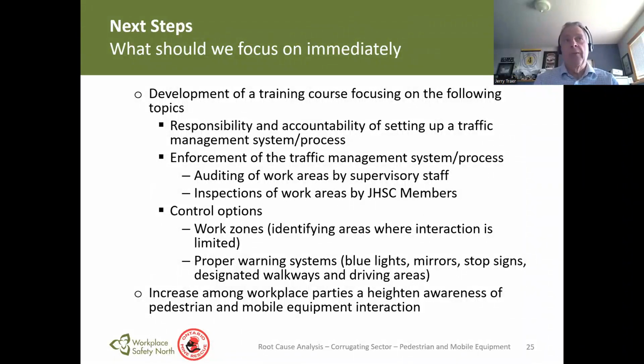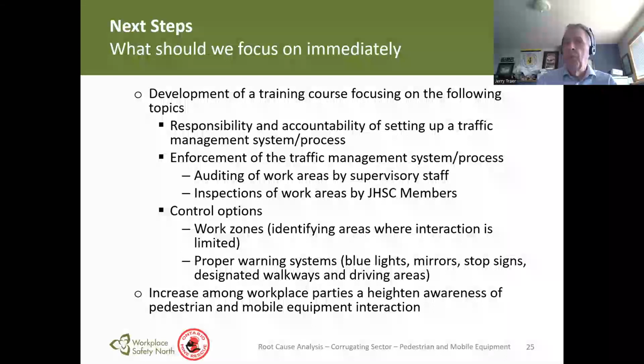So that's going to be the focus of this particular element: to really deal with the accountability and responsibility of setting up this management system process, enforcement of the traffic management system or process, and putting in those control options, work zones, identifying areas where the interaction is limited, proper warning systems, and then increasing among the workers and parties a heightened awareness of pedestrian mobile equipment interaction.